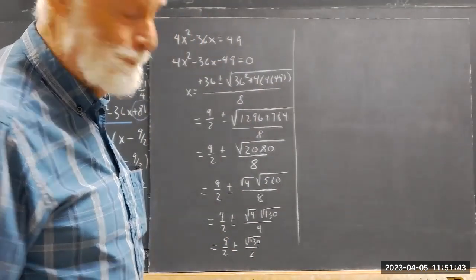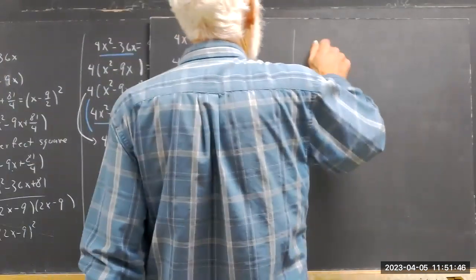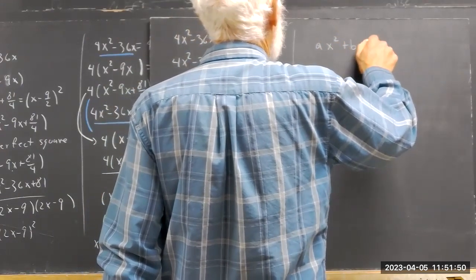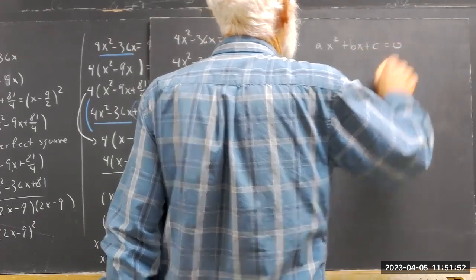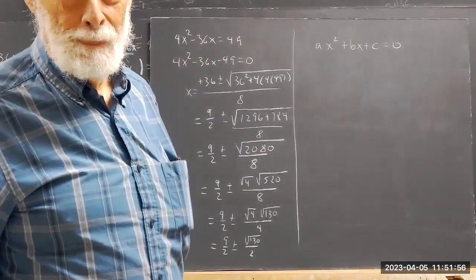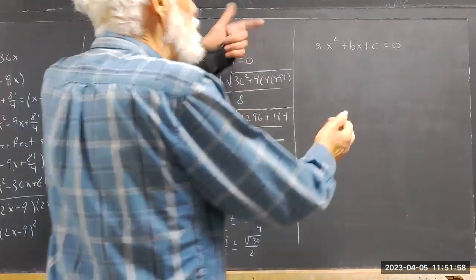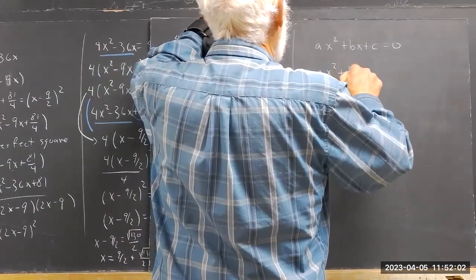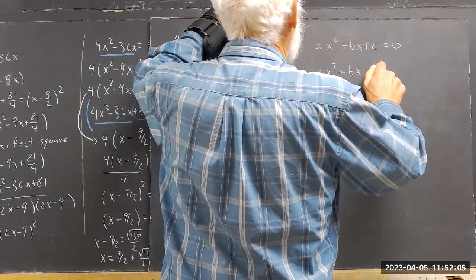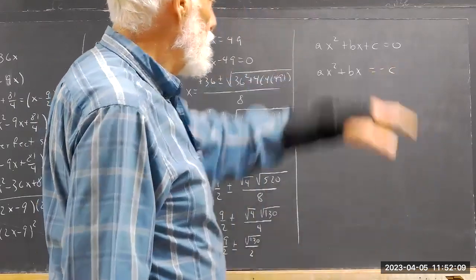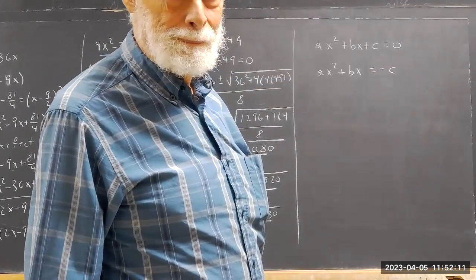Let's say we've got ax squared plus bx plus c equals 0. We're going to solve this by completing the square. We get ax squared plus bx equals -c.